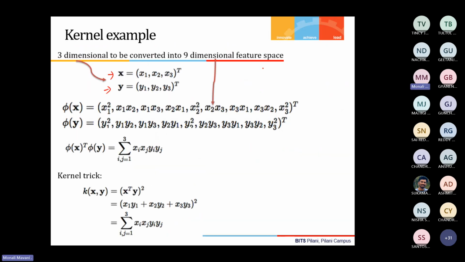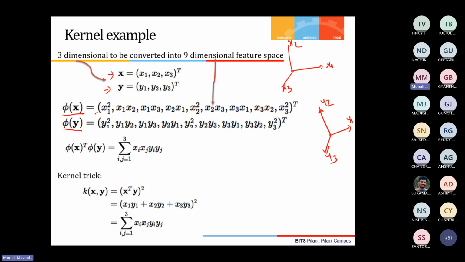Our original data is in three-dimensional space: x1, x2, x3 and y1, y2, y3. We have two data points, one a support vector and one a normal point. We are transforming them into high dimension, first the x point, then the data point y.